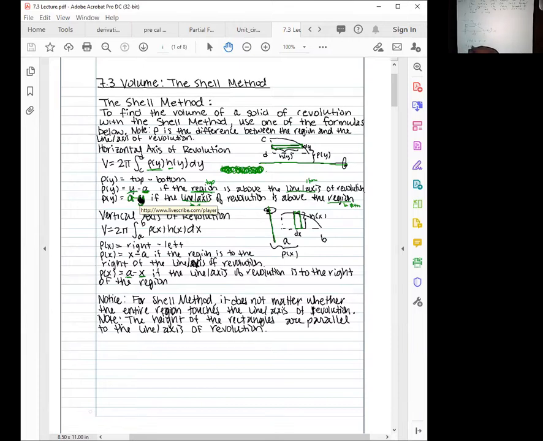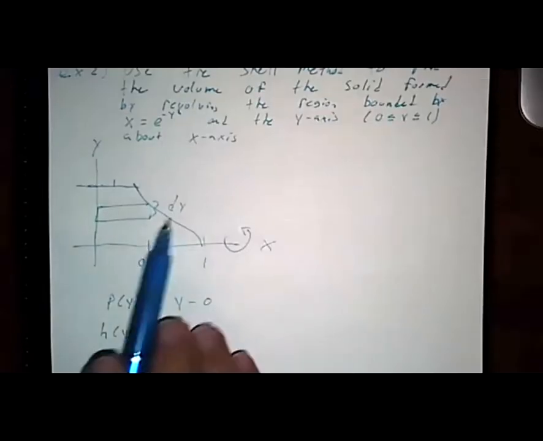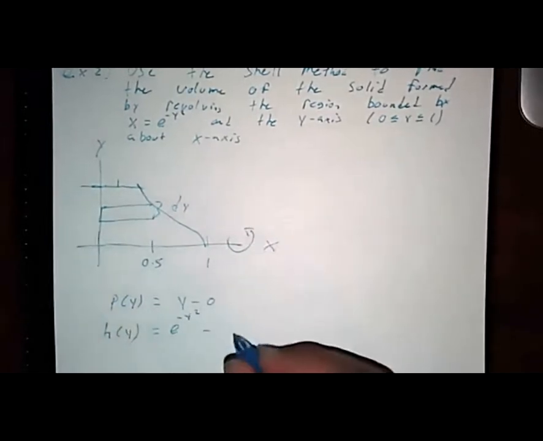Height is going to be the slice, so it'd be the right portion of the graph minus the left. So that would be e to the negative y squared minus 0.